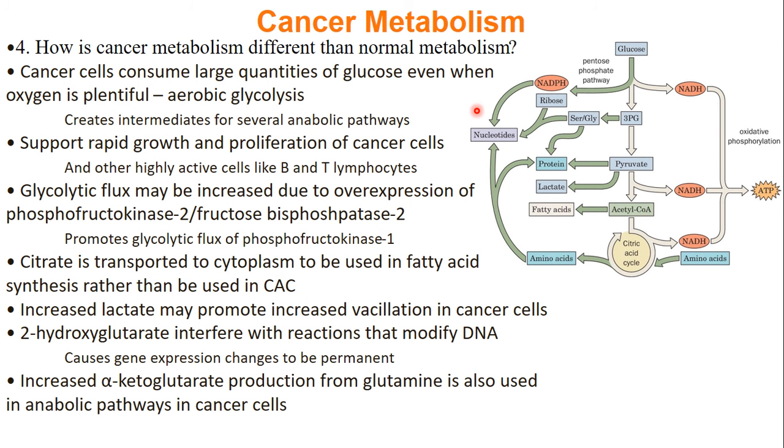How is cancer metabolism different than normal metabolism? So cancer cells do glycolysis, but they don't really do the citric acid cycle. They're just going to stick to glycolysis even if there's oxygen available. And the reason for this is they want to use the intermediates to start building proteins, lipids, nucleotides, because a cancer cell is going to want to try and replicate.